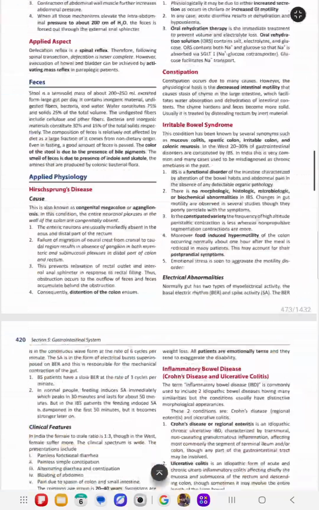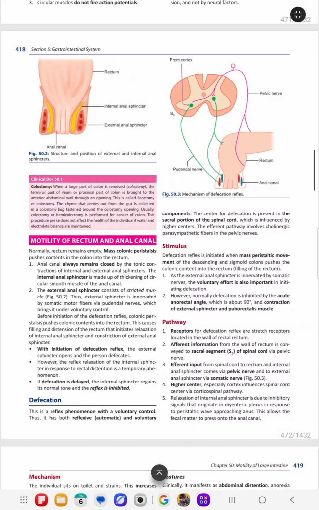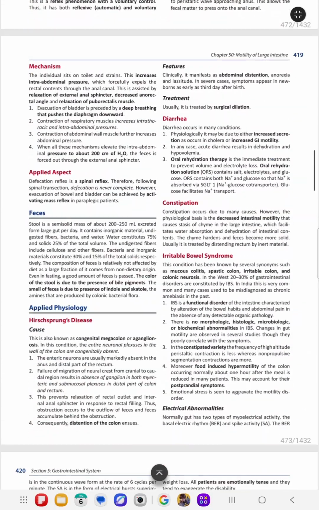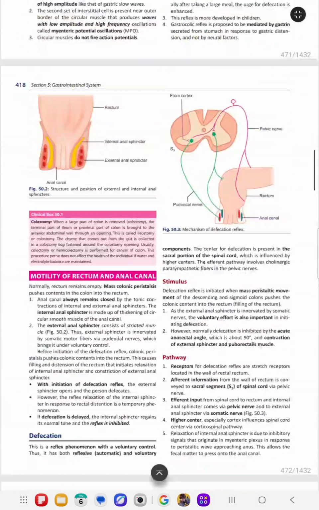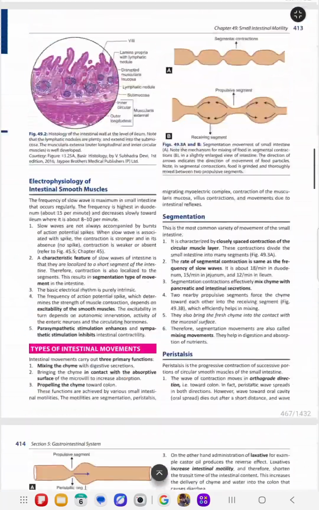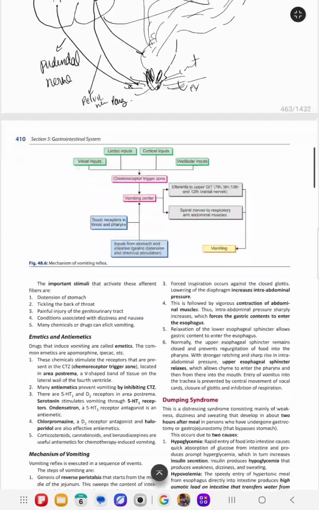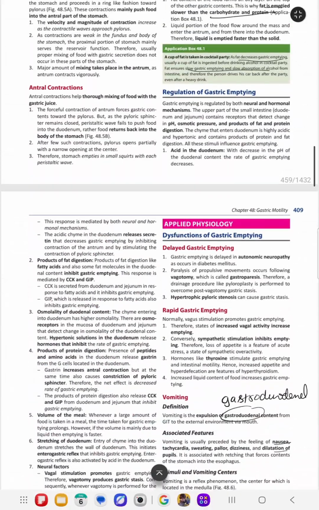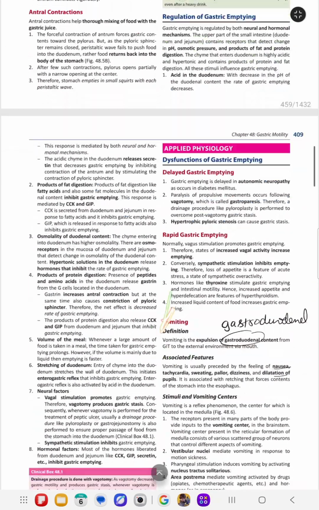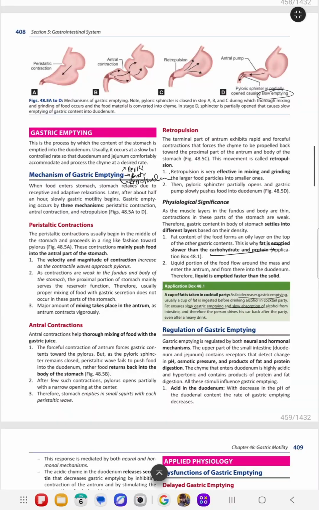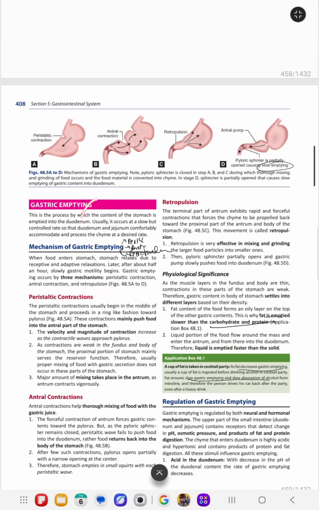Basically, this is the most important chapter right now. Identification and applied aspects are important in this one. In this chapter, types of intestinal movement might come. Vomiting is important. Gastric emptying is important.